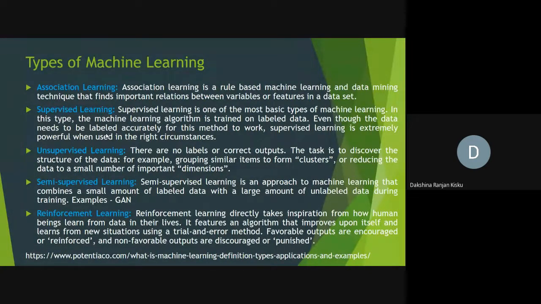If you are developing the supervised algorithm, who will provide the data? Obviously you will provide the data, but after a certain point of time, the supervised algorithm will not need any kind of experience or external data. That means the supervised learning will become an AI system, an artificial intelligence system.